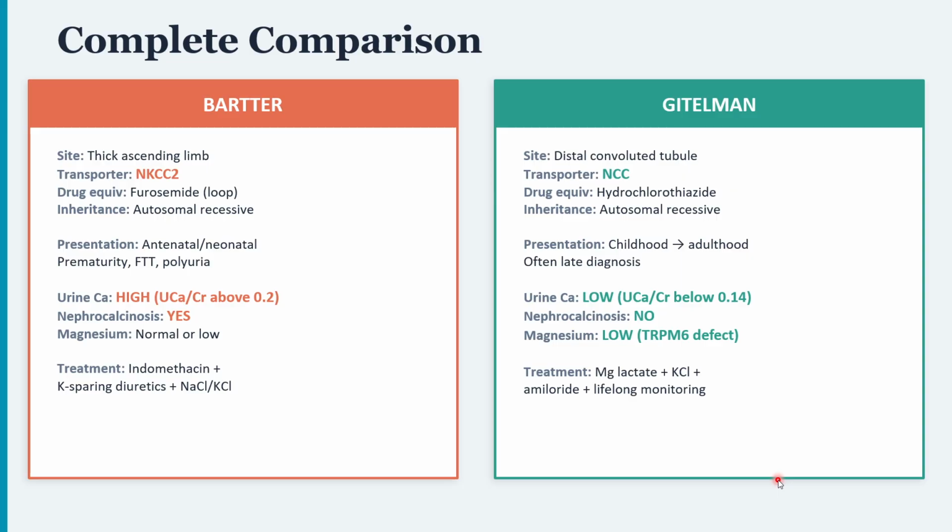Treatment is magnesium lactate, KCl, and at times amiloride. Look at how these two cards mirror each other. Same general presentation, hypokalemia, metabolic alkalosis, normal blood pressure, but the calcium and magnesium tell them apart completely.